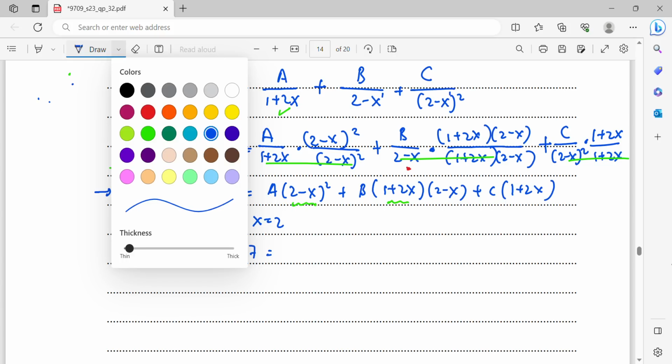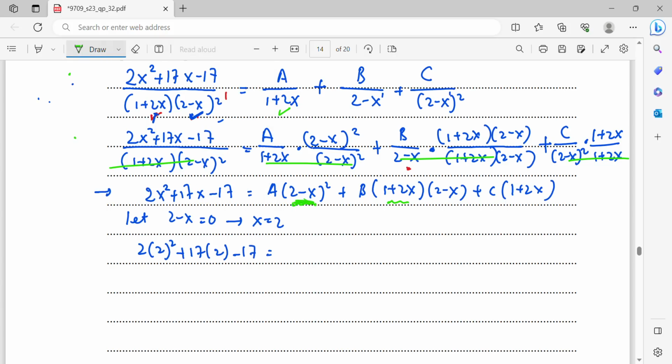As long as you see 2 minus x, it will be 0. This will be 0. Here will be 0. Which means I can find the C directly. So now I will get C bracket 1 plus 2 bracket 2. So when you simplify the left hand side, it will be 25. Right hand side will be 5C. That means your C is 5. So we have found the C value.